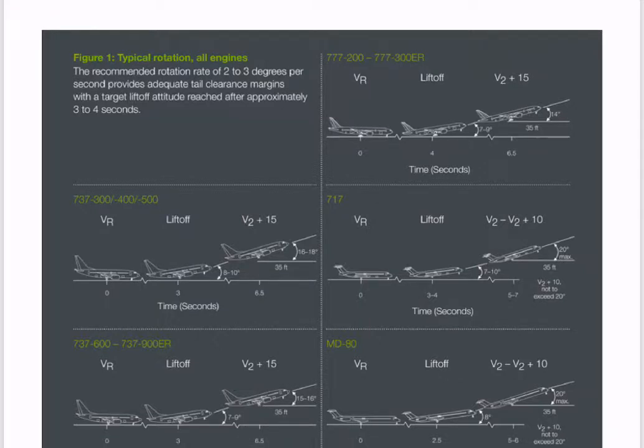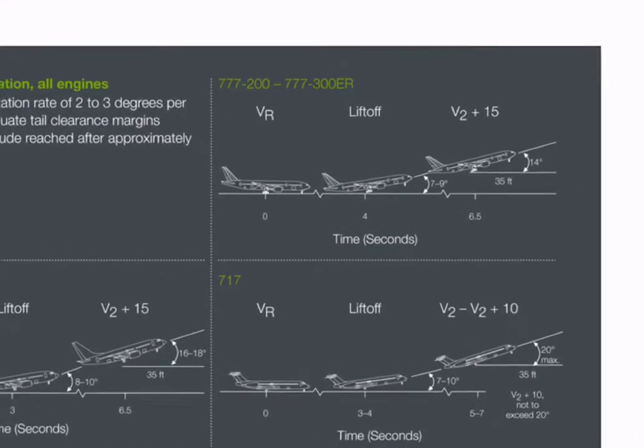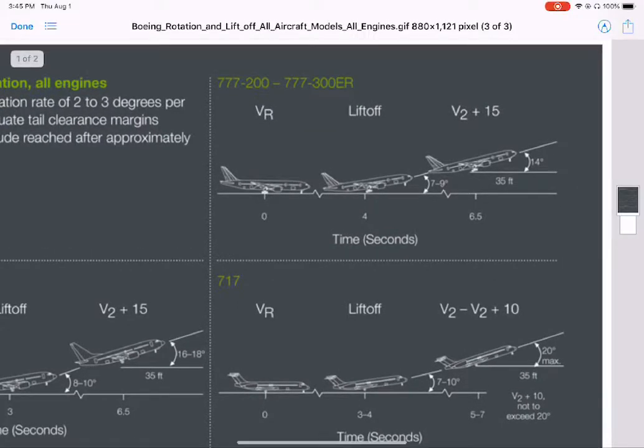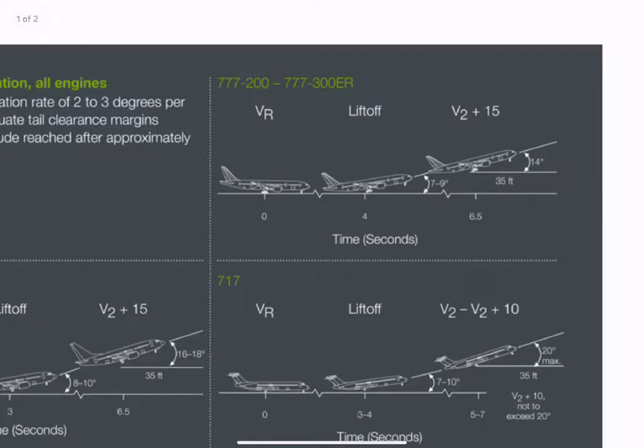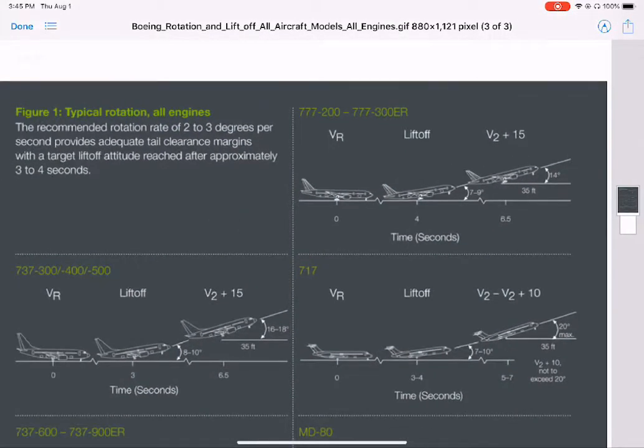So at rotation on, let's just say, the 777-200 or 300 ER, you start pulling back. 4 seconds later, you should be between 7 and 9 degrees pitch. You get positive rate, and 2.5 seconds or so later, you should be 35 feet above the ground at about 14 degrees pitch, and you should be maintaining V2 plus 15, right?